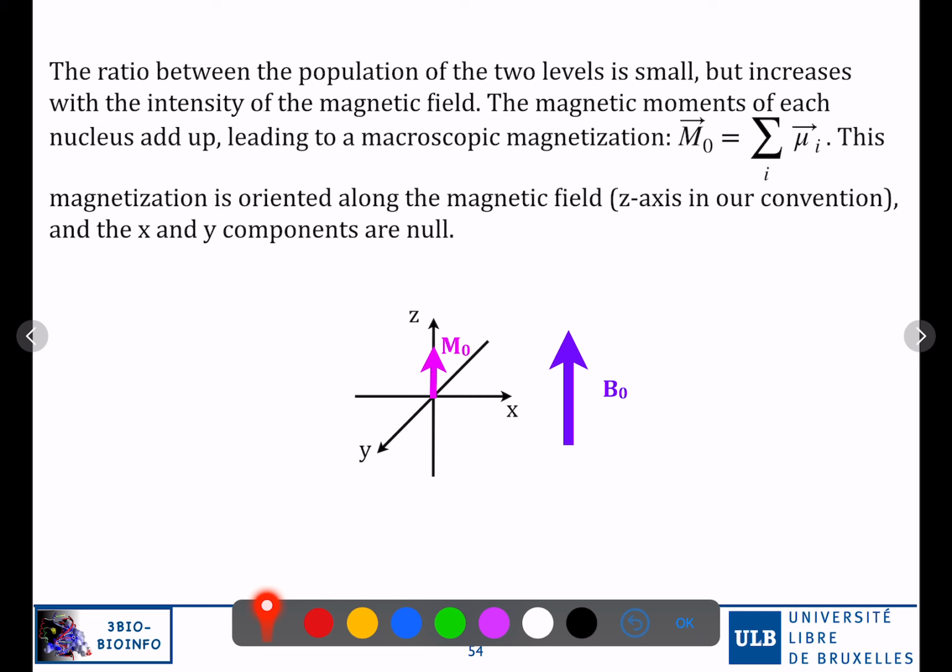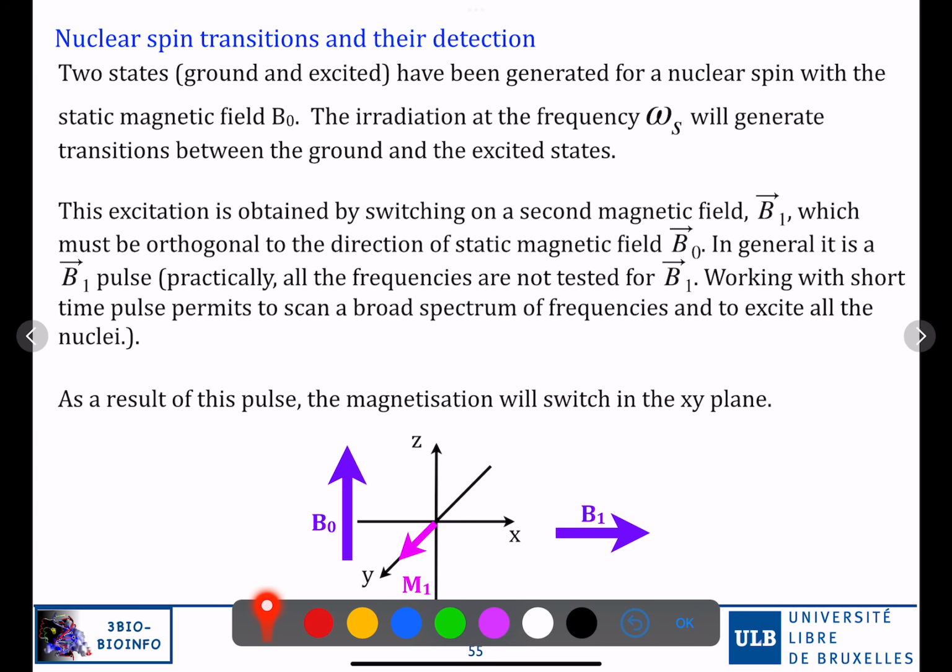So to observe something, you will have in fact to switch on a second magnetic field. What we did up to now is to generate two energy levels, two states, with the static magnetic field B0.